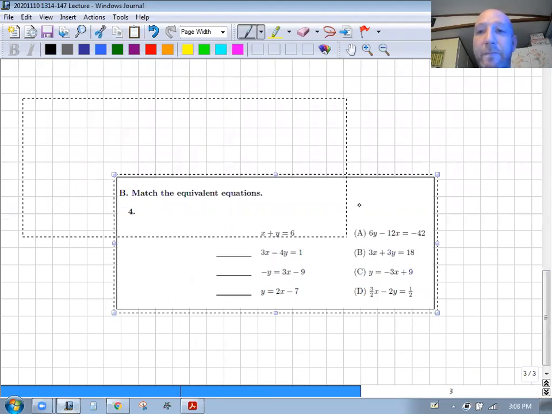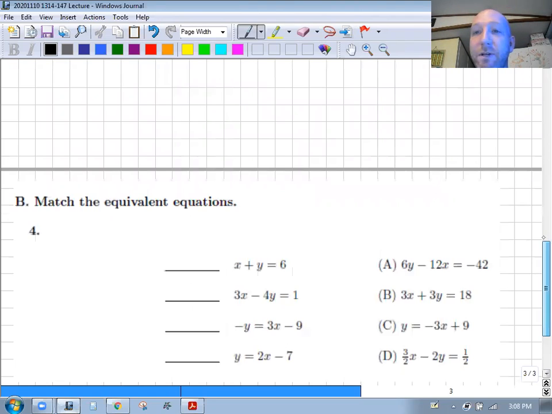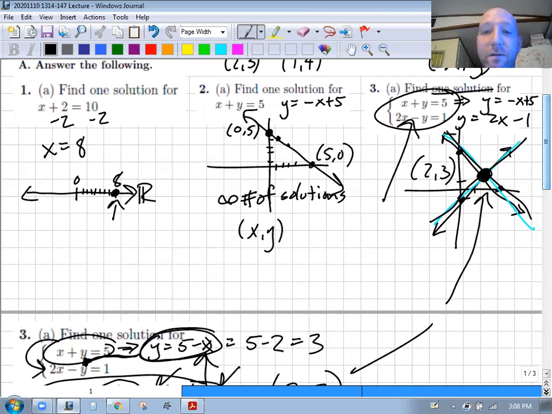All right. They want us to match the equivalent equations. These 2 equations up here, they're what we call independent, meaning they're not the same equation. If you take x plus y equals 5, this first one, let's say you multiply both sides by 2.